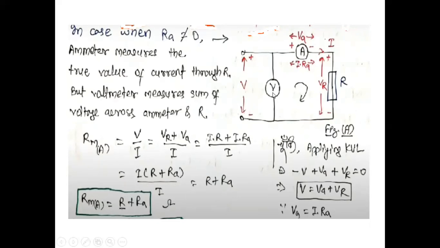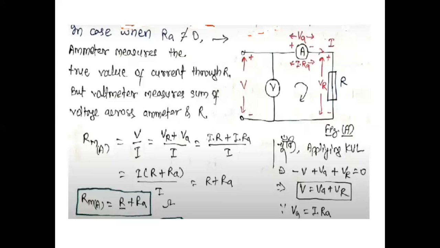The voltmeter shows the voltage across the resistance as well as the voltage drop across the ammeter, because this voltage drop occurs due to the resistance of the ammeter. In any circuit with a resistance, there is some voltage drop.